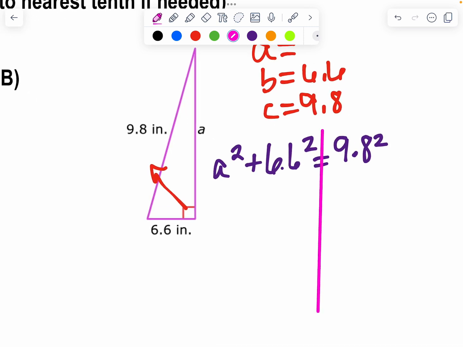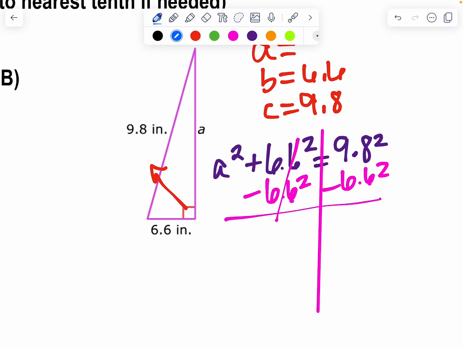So I have to subtract on both sides. What I suggest doing is in your calculator, go ahead and just put minus 6.6 squared on both sides, rather than finding out what is 6.6 squared, what is 9.8 squared, and then subtracting them.